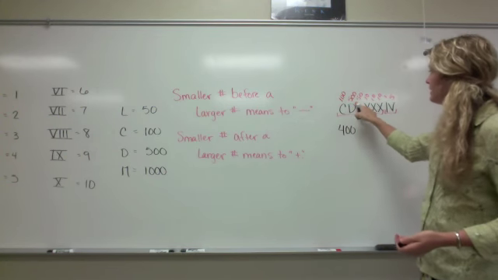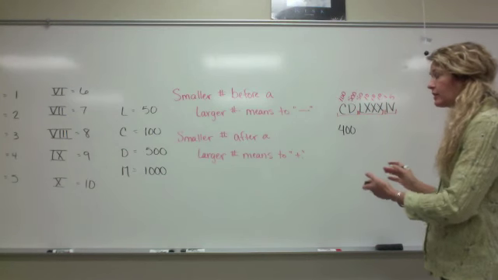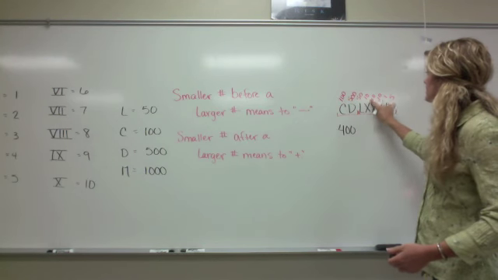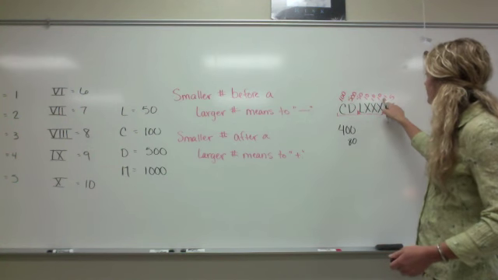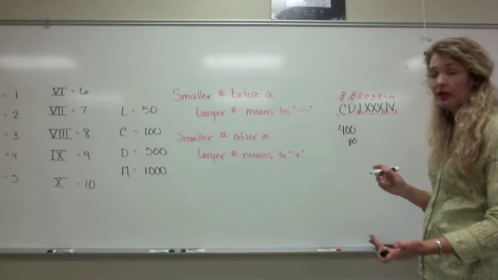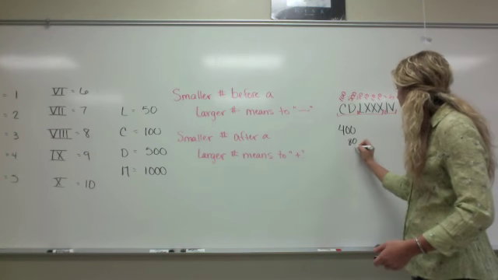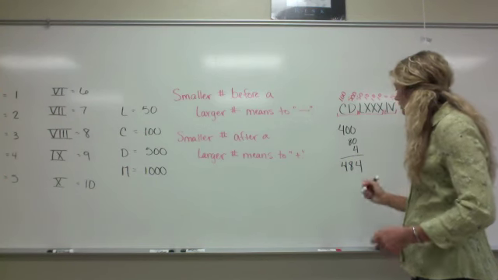We have a 50, and then we have 3 tens, so we're going to add because it comes after. So 50, 60, 70, 80. And then we have a 1 and a 5, and the 1 comes before, so we need to subtract, so that's 4. And we come up with 484.